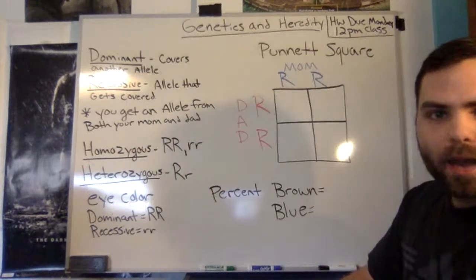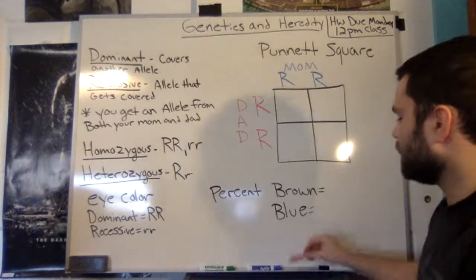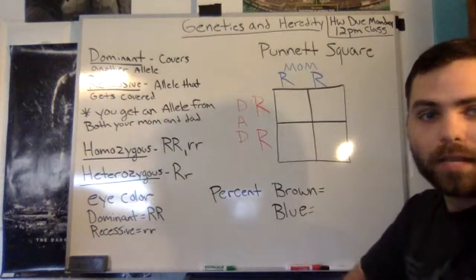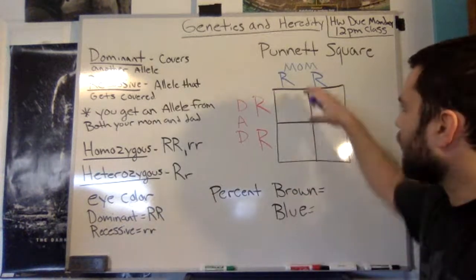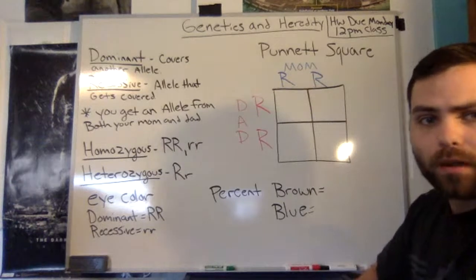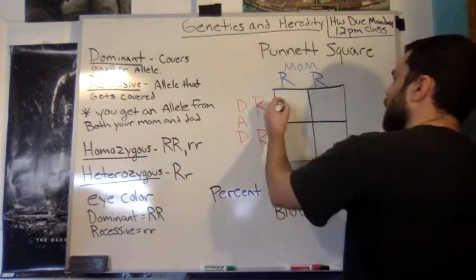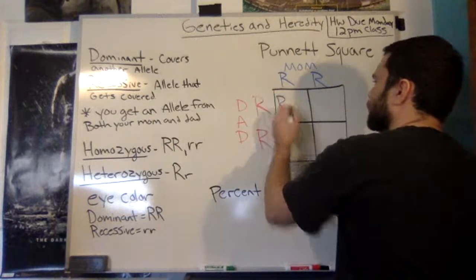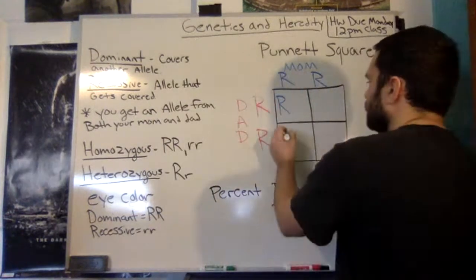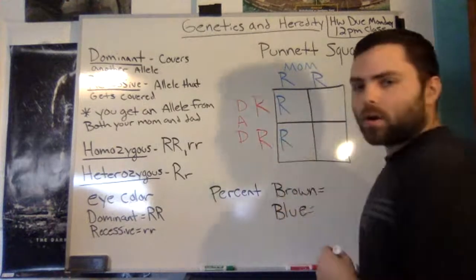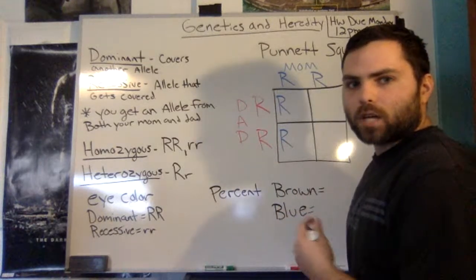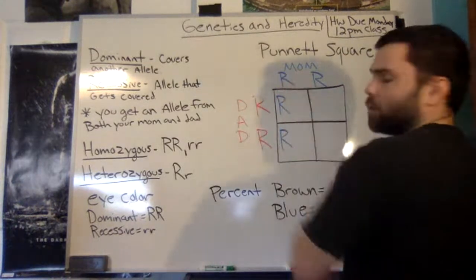Now, to fill out the Punnett square, you take whatever allele is above and match it up with the Punnett square. We're going to do mom first. So you have capital R going into this square, another capital R, uppercase. Now we're going to go to the next one.